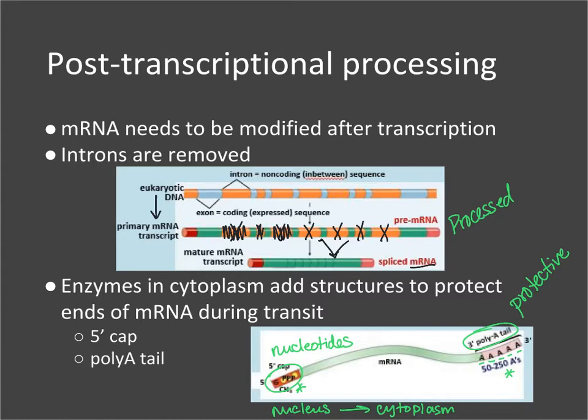And so these extra nucleotides are sacrificial, because if we lose a little bit of information here, it's no big deal because we don't need this information in order to make a protein. Whereas if we lose information from the actual coding part of the mRNA, now we're going to end up with something like a mutation, and we're going to end up with a protein that isn't made properly.